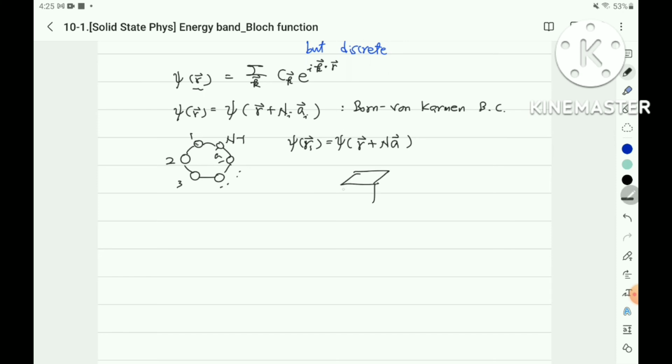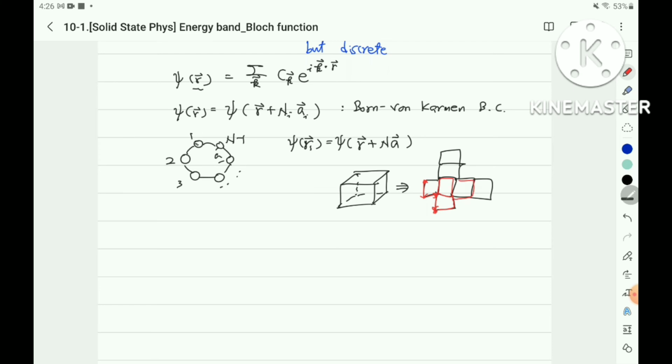For example, if it is a cubic structure, the cubic structure can be unfolded like this, and there are three faces like this, 1, 2, 3. Then from the starting point we can make 1, 2, 3, 4 like this, and we can make a single line like this.